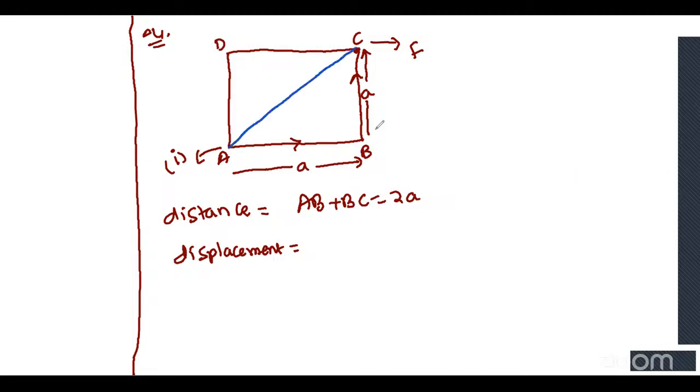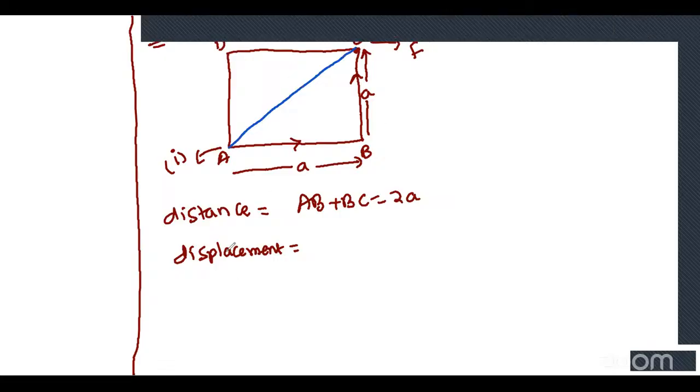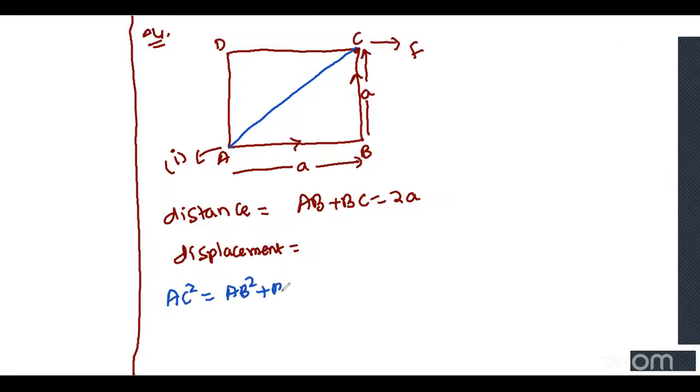By using Pythagoras theorem, can I say that AC square equals AB square plus BC square? So it is a square plus a square. That is nothing but 2a square.